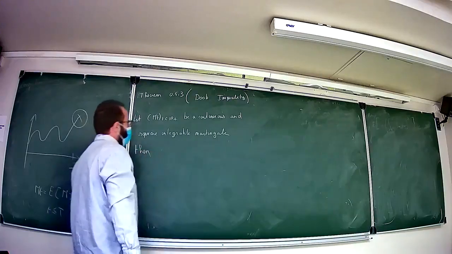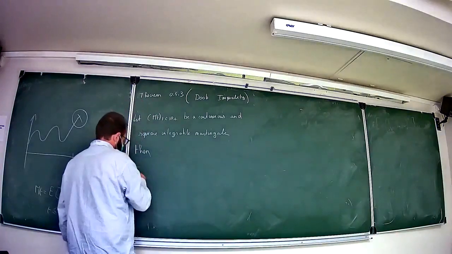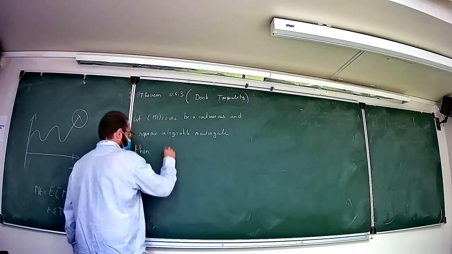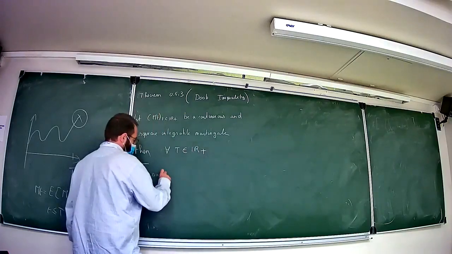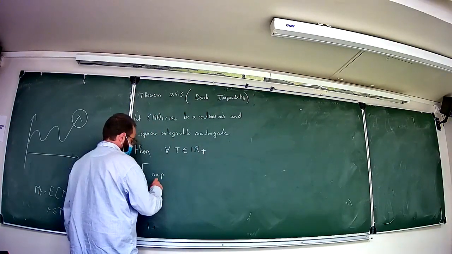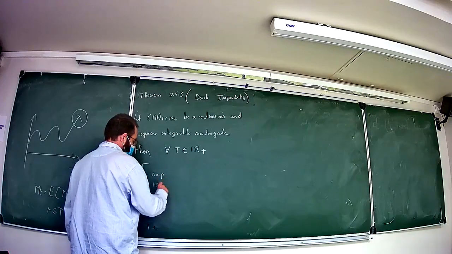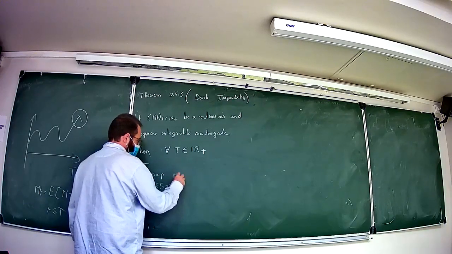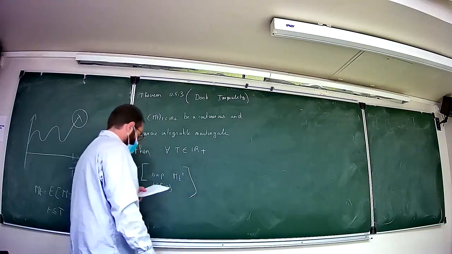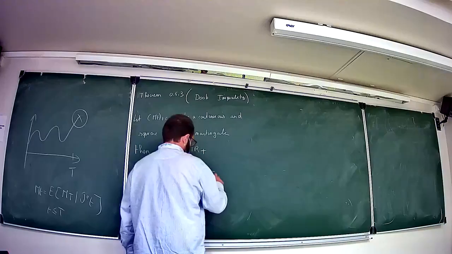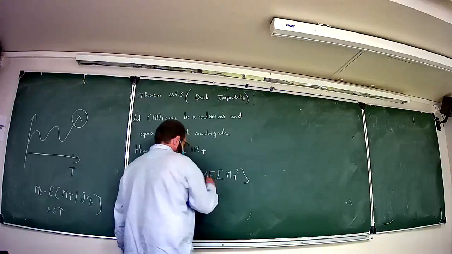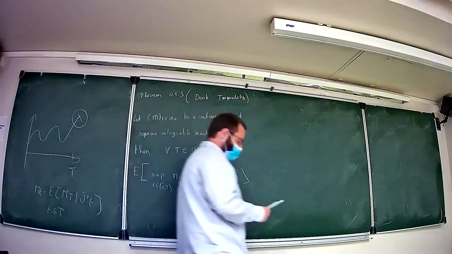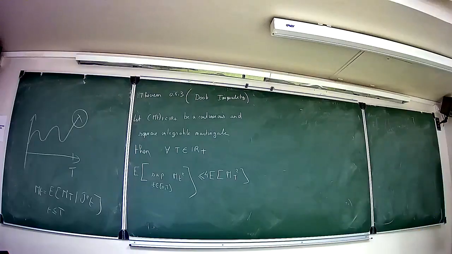Then for all capital T belonging to R plus, the expectation of the supremum over 0 to capital T of M_t squared is less than or equal to the expectation of M_T squared, with a constant that is optimal and equal to 4. So this is what we call the Doob inequality.